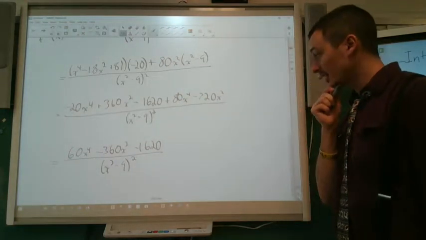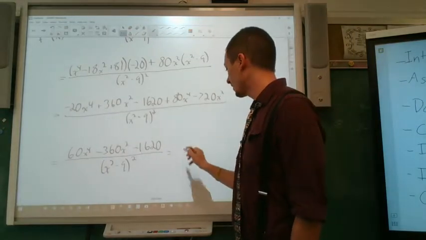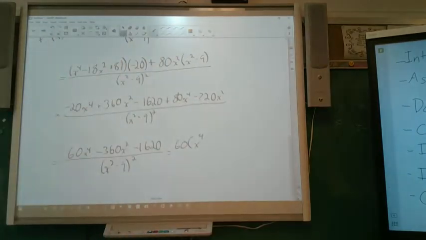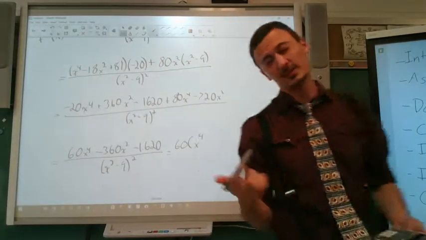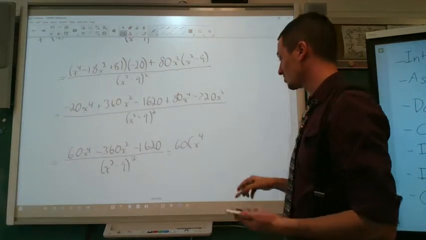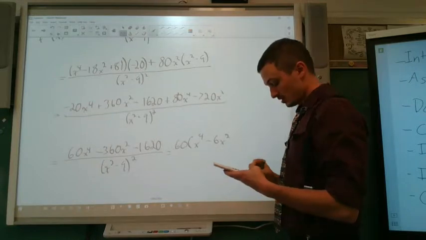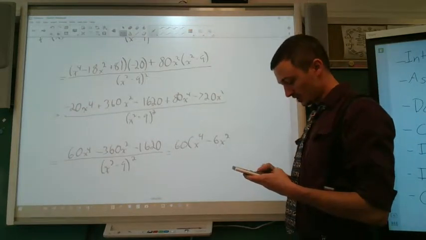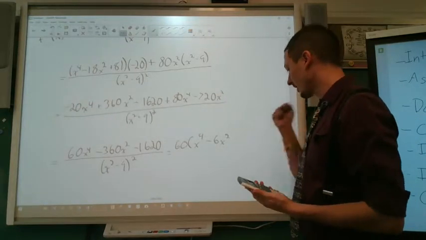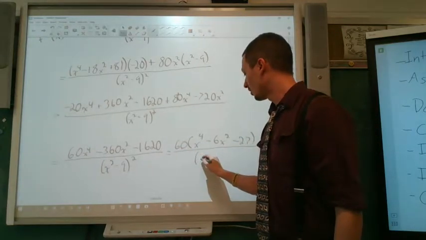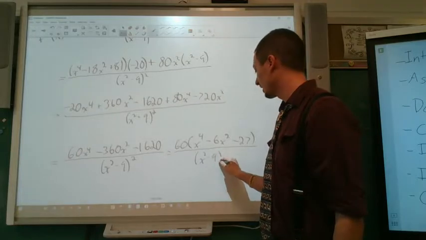I'm going to bet I could factor out a 60 from that numerator, leaving us with x to the fourth. 360 divided by 60 should be 6, 6x squared. 1,620 divided by 60 is 27. Fantastic. Minus 27 all over x squared minus 9 squared.